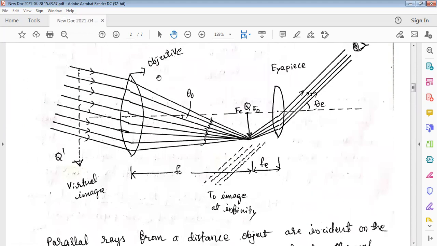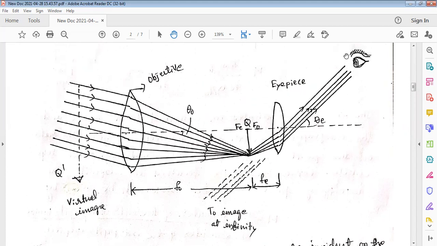So what happens? The refracted rays from the object form an inverted image at the point Q, and this inverted image now acts as an object for this eyepiece. So the rays which are emitted or reflected by this image move towards this eyepiece, and they reach the eyepiece and undergo refraction, and after emerging from this eyepiece a set of parallel rays come out in this way.